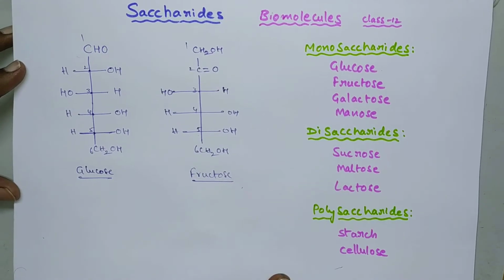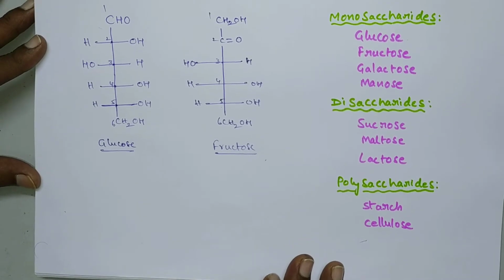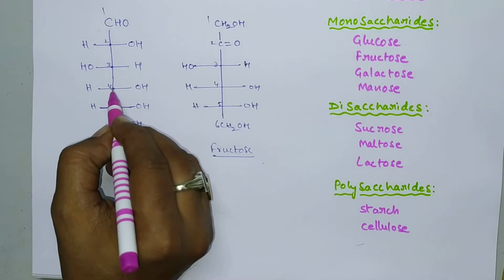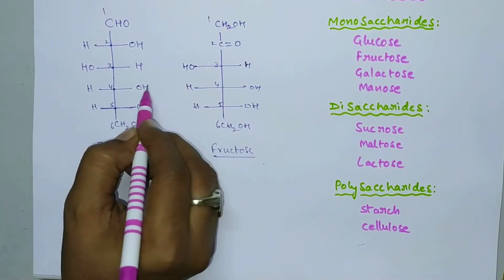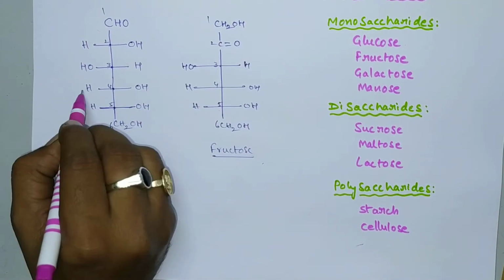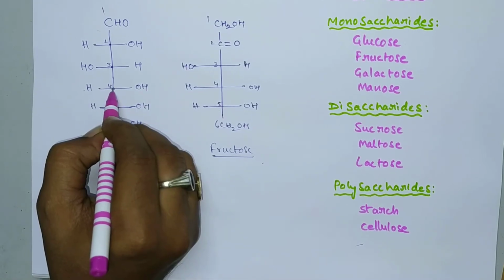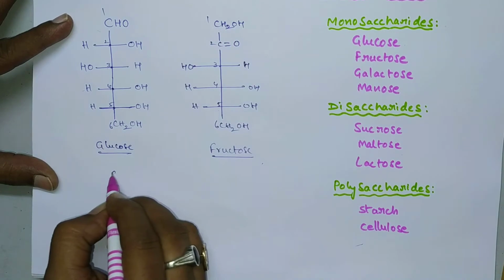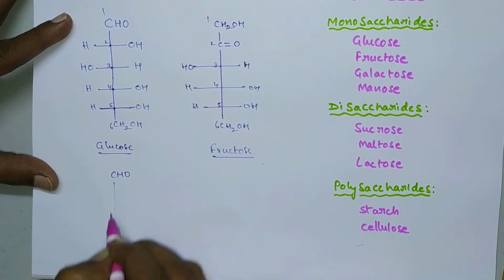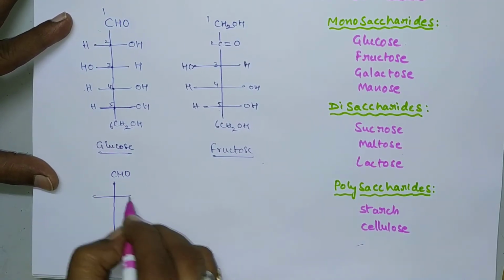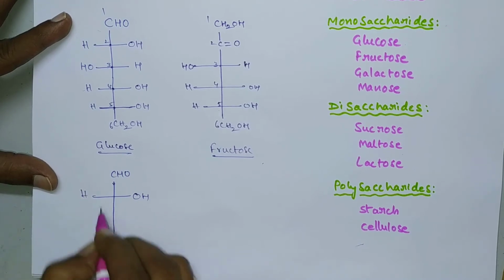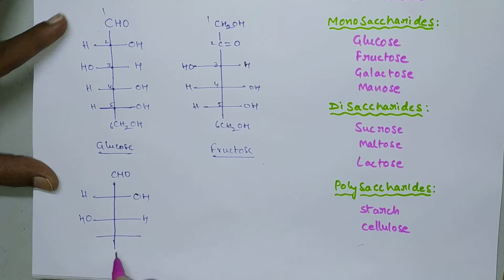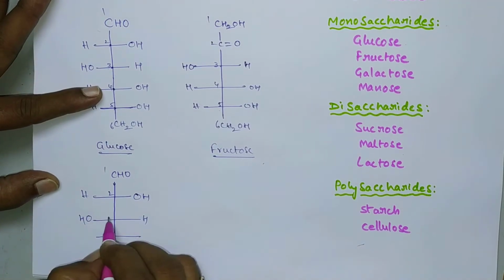And the next one, galactose. In order to write the structure of galactose, you have to interchange the fourth carbon. The hydroxy group and hydrogen should be interchanged at the fourth carbon. From this you can write the structure of galactose easily. OH, H, 1, 2, 3.